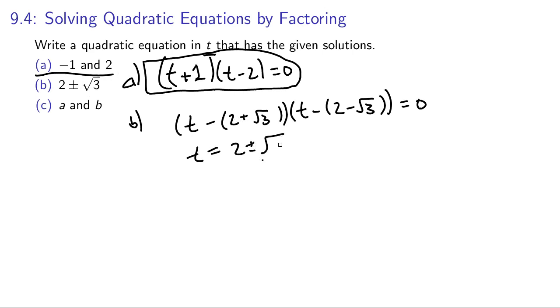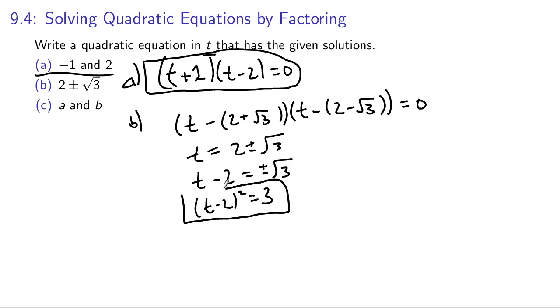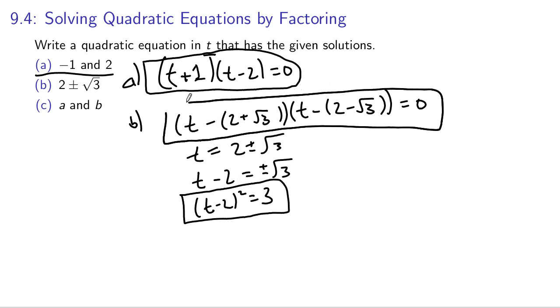And we could use this fact to write a quadratic equation quickly because of this plus or minus by subtracting 2 and now squaring both sides. We have a quadratic equation whose solutions are 2 plus or minus the square root of 3. Either of these is correct, and you can see the second is simpler, but they are the same. You can simplify one to the other.